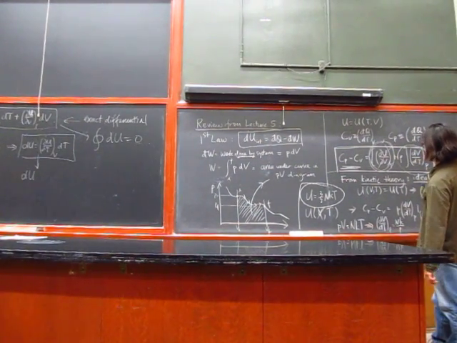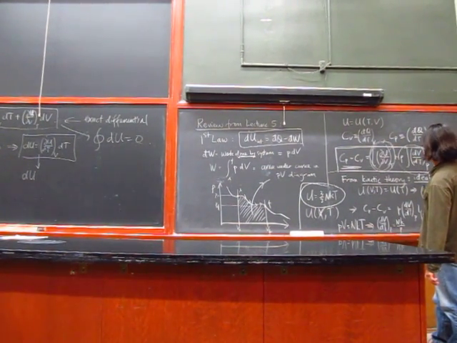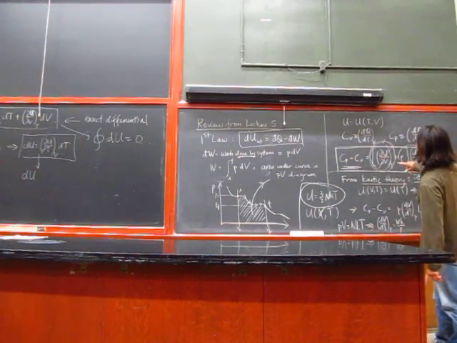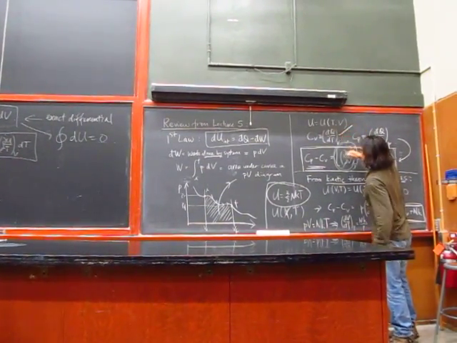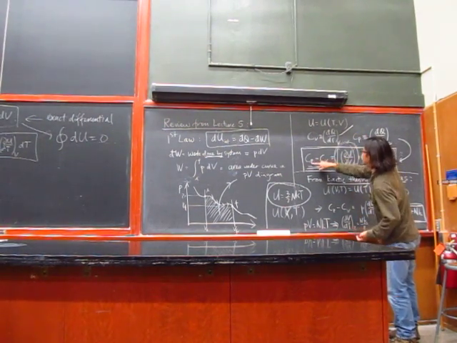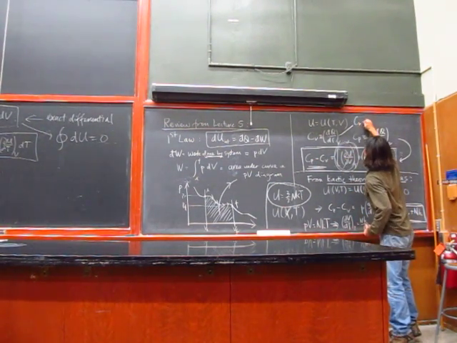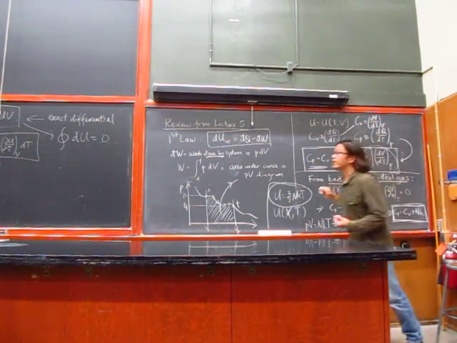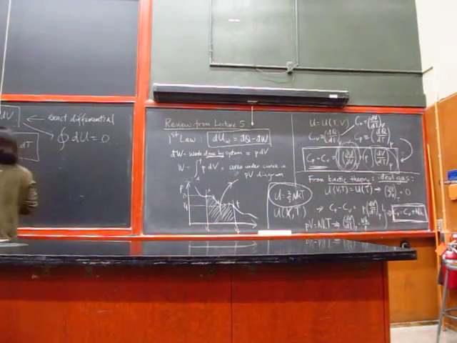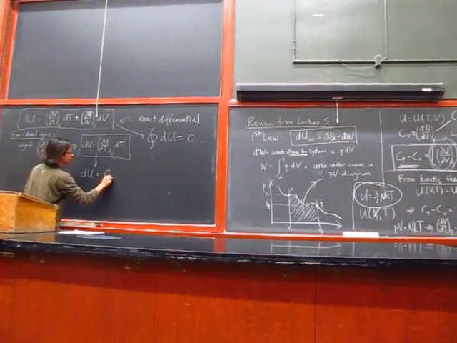Did I miss something? I didn't write down. I just wrote Cp minus Cv, but I forgot to write Cv is dU/dT at constant volume. Right? So this dU becomes just Cv.